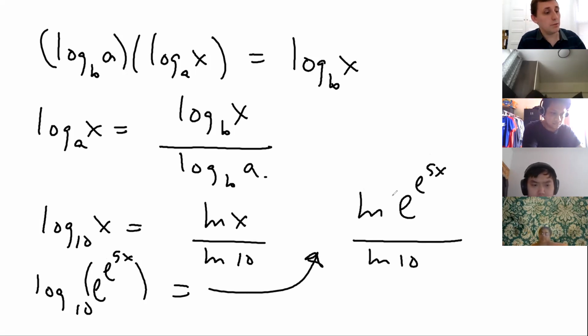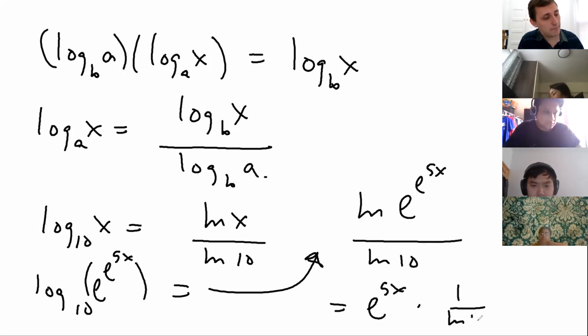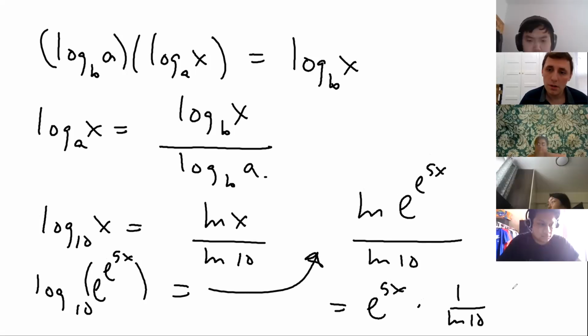And what is ln of e to any power? It's just 1. So the answer is that this is e to the power of 5x times 1 over ln 10. So just as we predicted, the function is very similar to e to the power of 5x. Clear? It looks by your face is extremely clear.